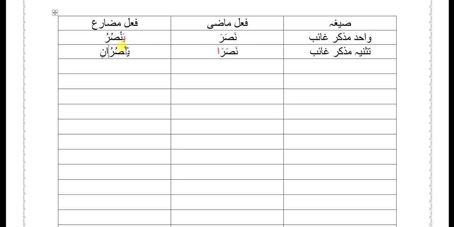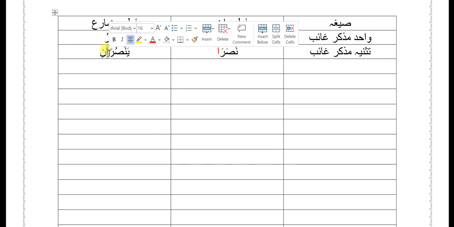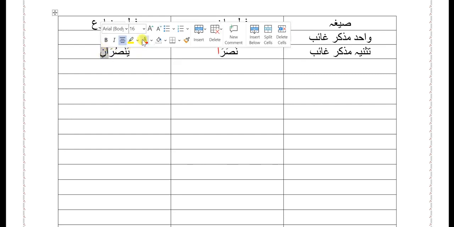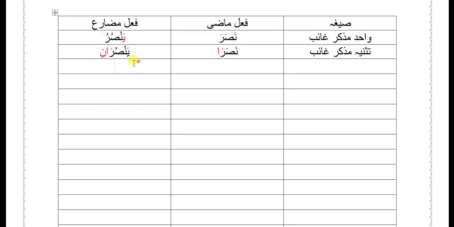When you add alif, simply give fatha to the last letter, because before alif sukun we add fatha, and if there is a waw we will add zamma on ra. So the i'rab of ra keeps changing with what sign we add in the ending. So this alif noon is the sign of tasniya. Here it means two men are helping or they will help. Then we have jama muzakkar gaib.